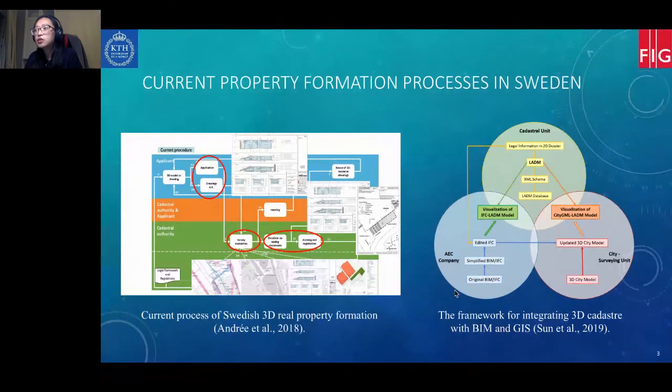But no detailed description was presented of the digital data delivery between the actors, as well as actions from the actors to obtain an unbroken digital flow of data in the 3D cadastral process. So the main difficulty and drawback is how the cadastral information should be shared among the different stakeholders in the 3D property formation process.